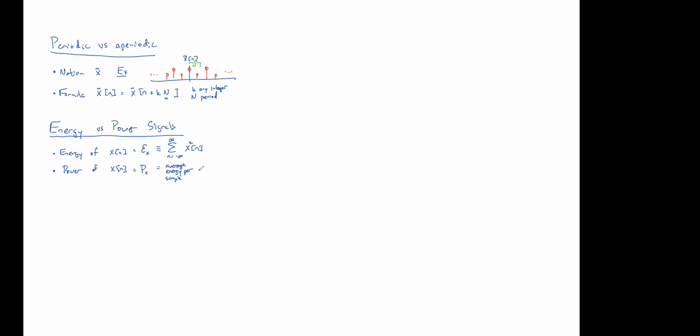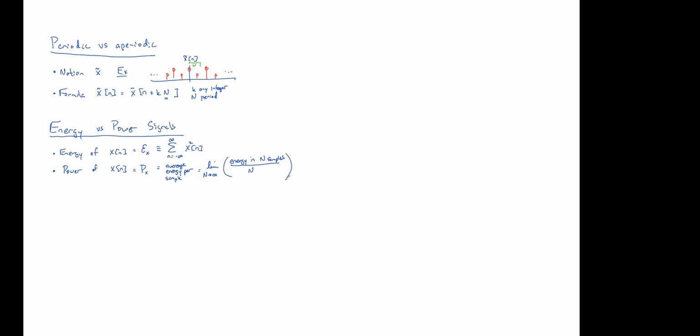So in other words, it's the limit, as your sampling group gets big, of the energy in n samples all over n. So let me give an example of this.